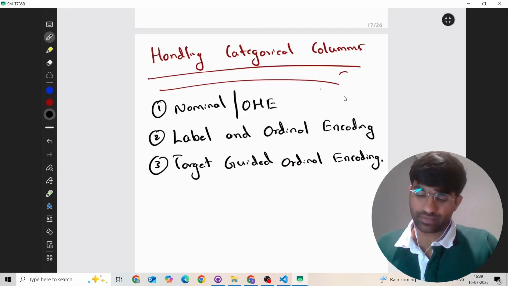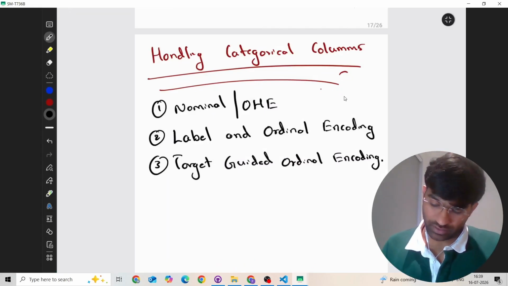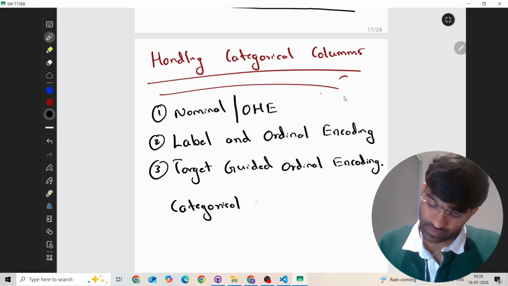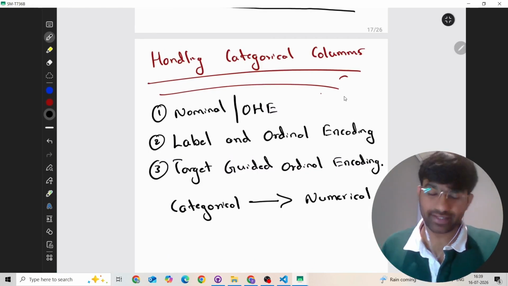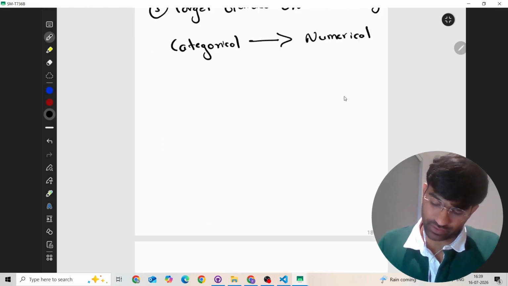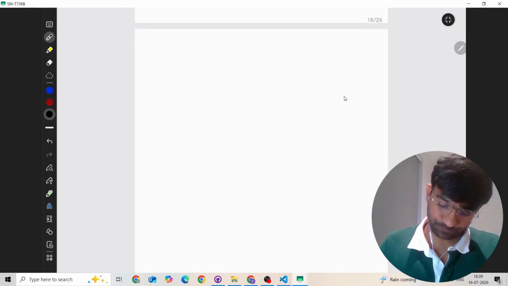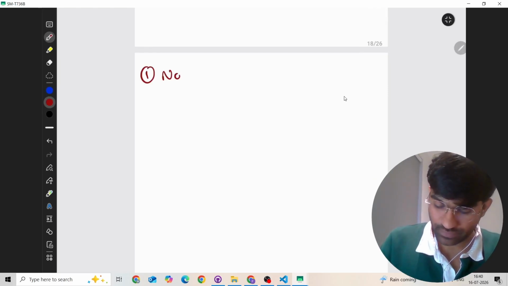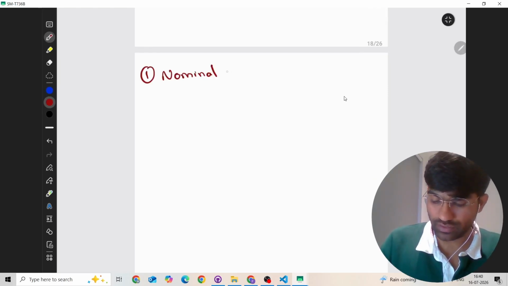These are the three methods to convert the categorical data into numerical column or numerical data. So first we will start with nominal or one hot encoding. Nominal one hot encoding.